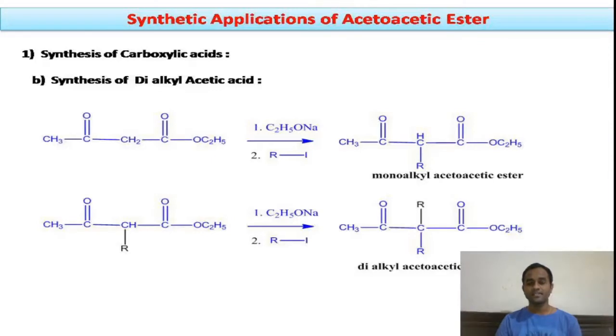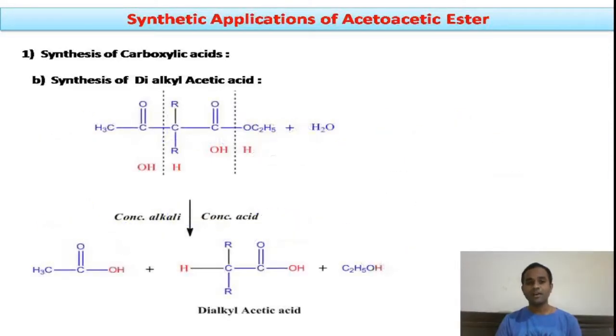Yes, this formed dialkyl acetoacetic ester upon hydrolysis, that is acid hydrolysis, in presence of concentrated alkali or in presence of concentrated acid, we will get this dialkyl acetic acid as the main product. Yes or no? Yes.